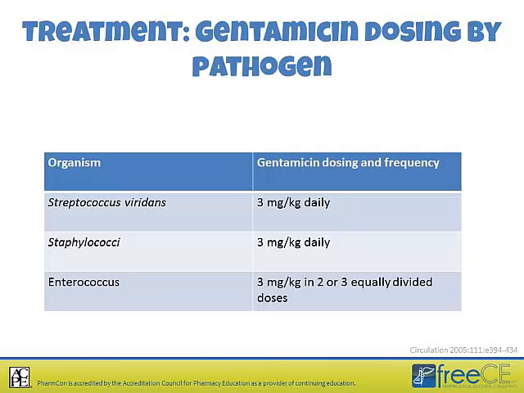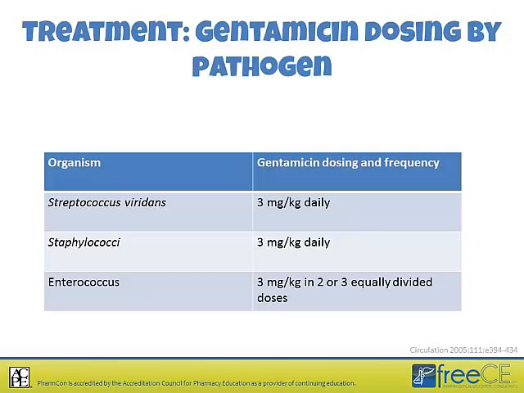So the reason that you need to have it in divided doses is because the beta-lactam, which acts on the cell wall of the bacteria, allows then your aminoglycoside to penetrate into the bacteria and induce that bactericidal effect. And remember that Enterococcus is generally relatively resistant to beta-lactams. So it really is a synergistic effect, and you're utilizing that to maximize the ability of both of your antibiotics to work to combat the infection.